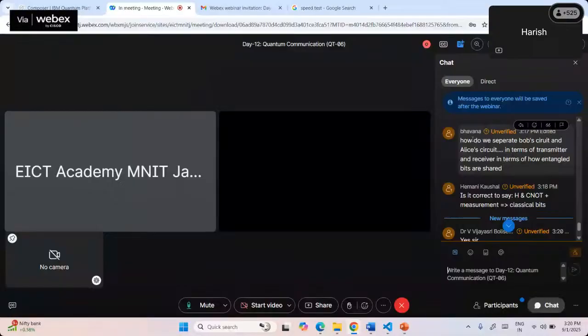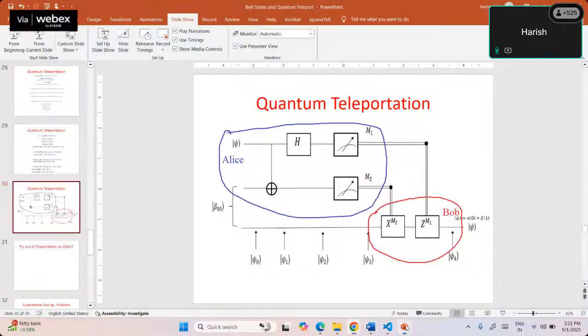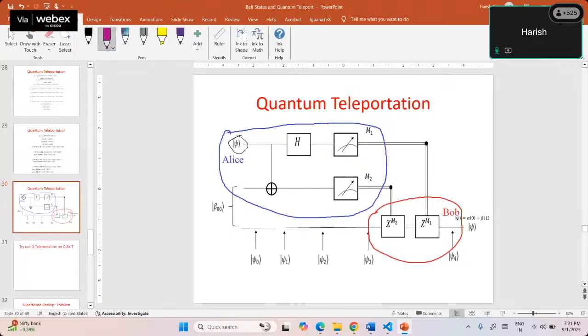The question by Bhavna is how do we separate the Bob circuit and Alice circuit in terms of transmitter and receiver, in terms of how entangled bits are shared? See here in the circuit, physically this psi can be realized by a photon, and that is with Alice. This beta 00 is basically an entangled state. It has been shared. These two qubits, Q2 and Q3, are also photons.